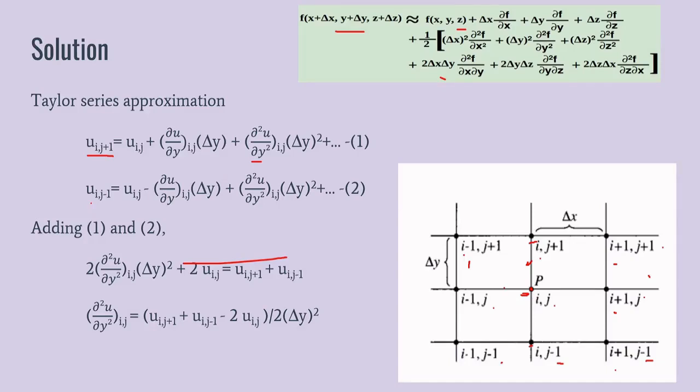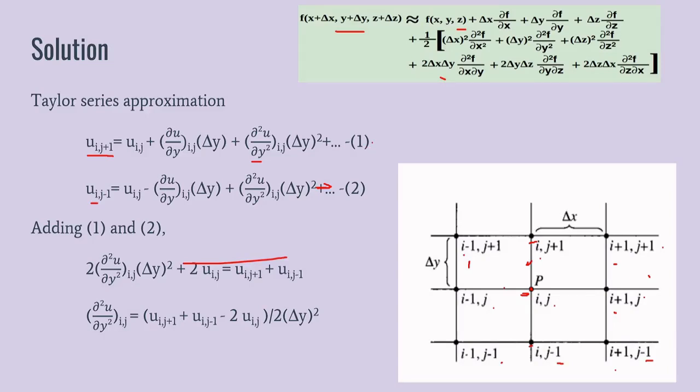Again, in negative y direction, u i j minus 1, we can write it as u of i j minus dou u by dou y at i j into delta y plus dou square u by dou y square at i j into delta y square, and this will be minus. The minus will be alternating here.